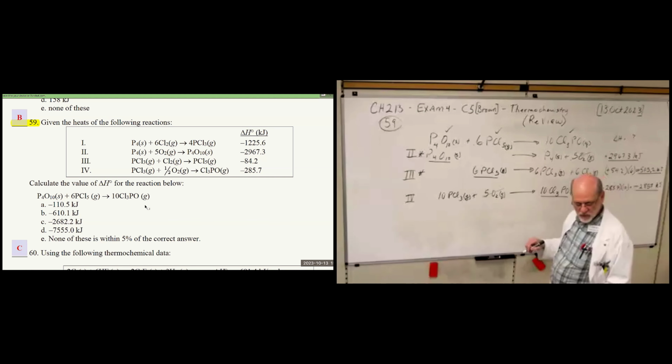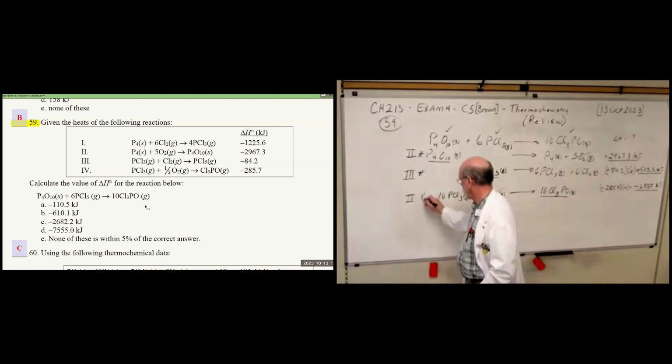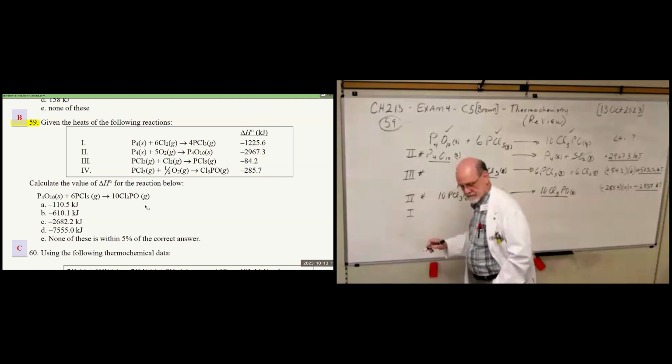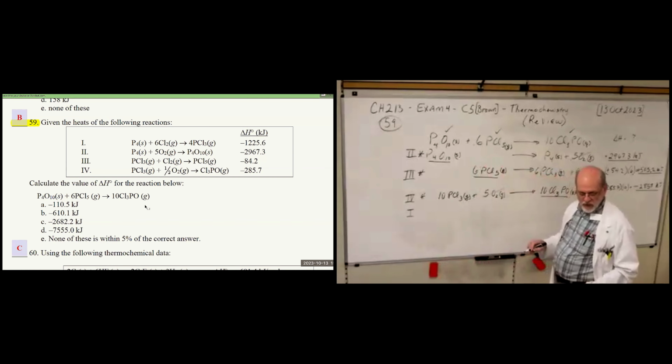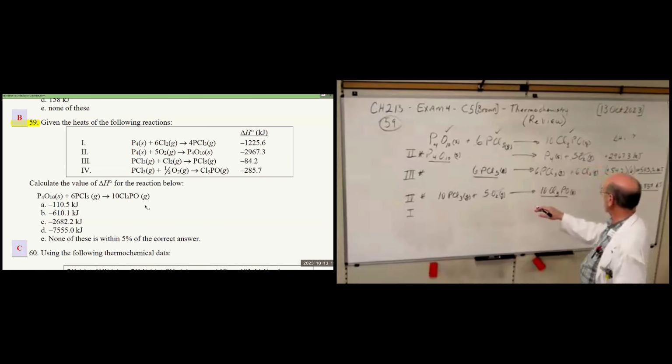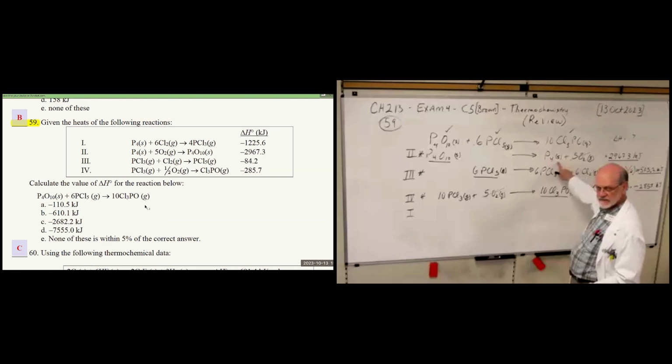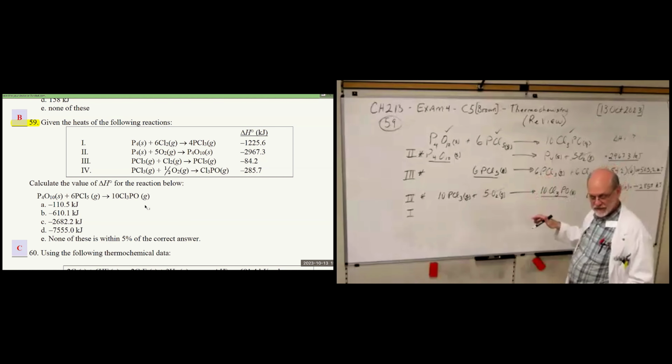Let's go back to Roman numeral 1. Roman numeral 1 has P4 on the left. P4 is on the right here. So I think we're good just to leave it like it is.